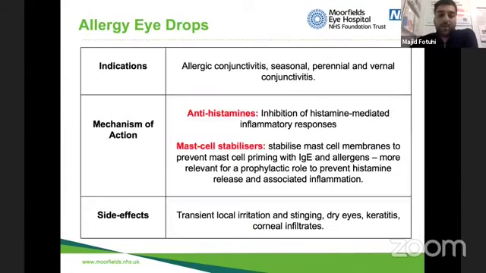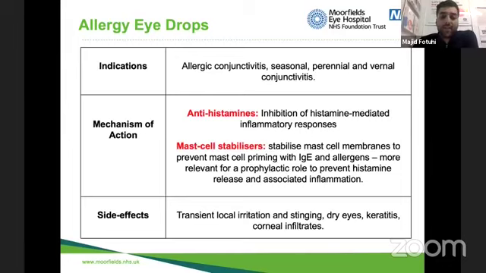So just a quick touch about allergy eye drops. There are inflammatory causes behind allergic reactions within the eye, and this can lead to various forms of conjunctivitis. So allergic conjunctivitis, seasonal, perennial, and vernal conjunctivitis. And these are different manifestations of allergies within the eye.